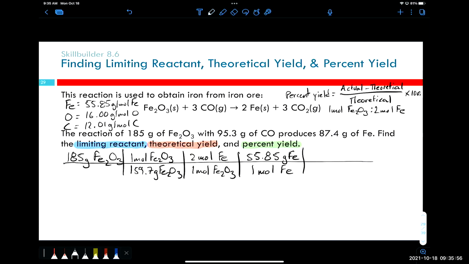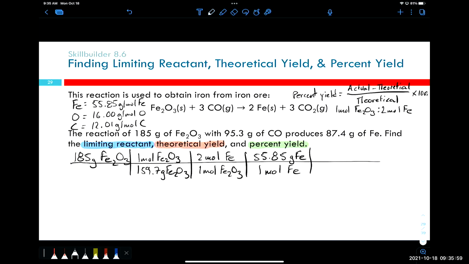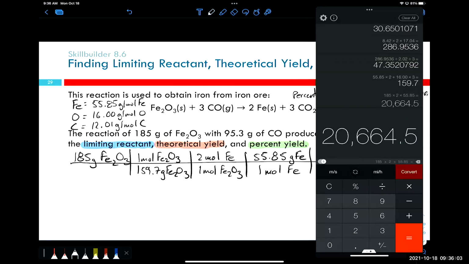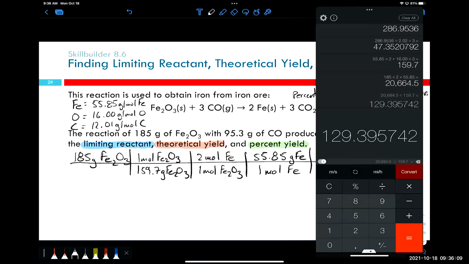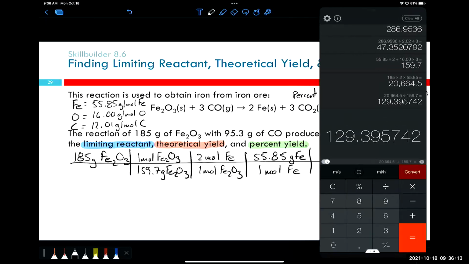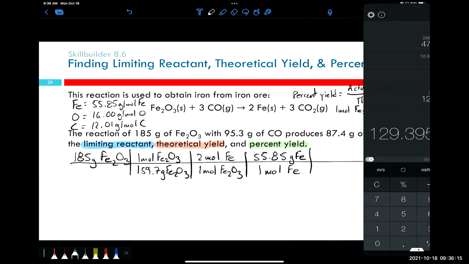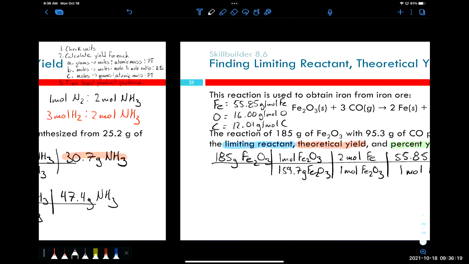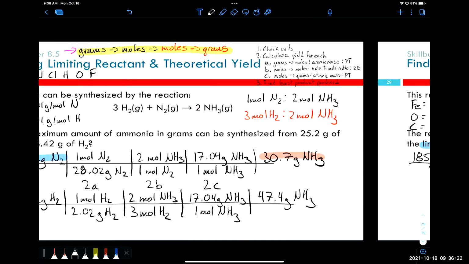So then it's 185 times 2 times 55.85 divided by 159.7, and then the rest of those are ones. So we'll get 129 grams of iron.